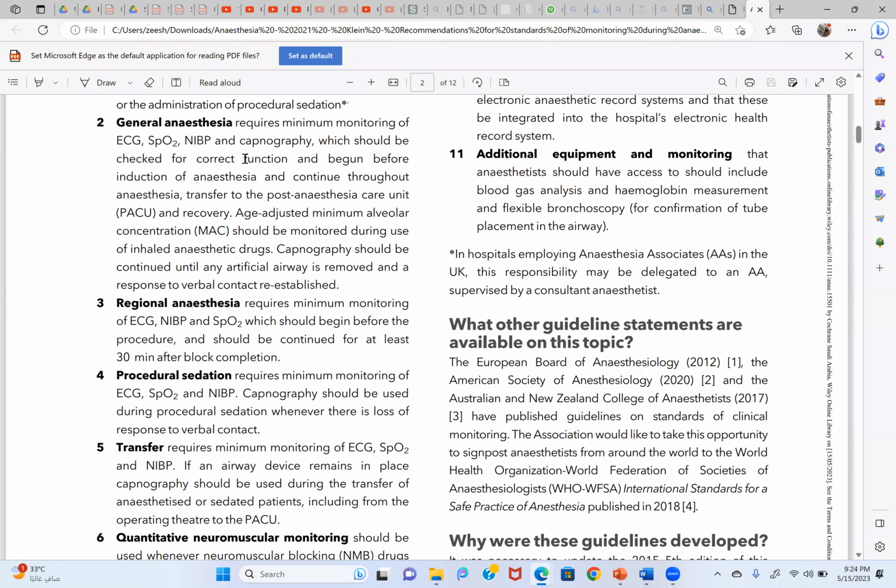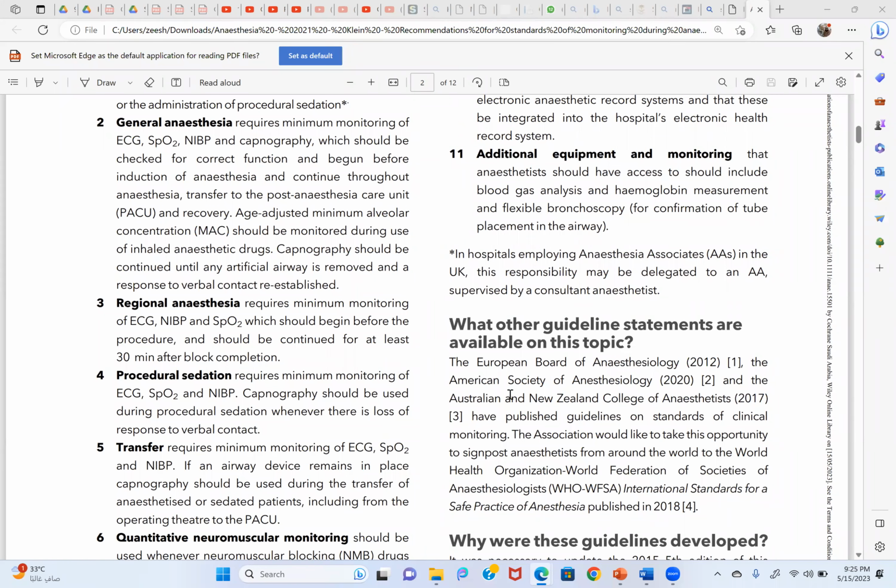So you are providing it with reference to GA, recovery, PACU, during transfer. Okay, this is very important. If you are transferring a patient, and for example, that patient was on standard one, standard two monitoring, and during the transfer you have any doubt that the patient can decompensate, you need to continue.